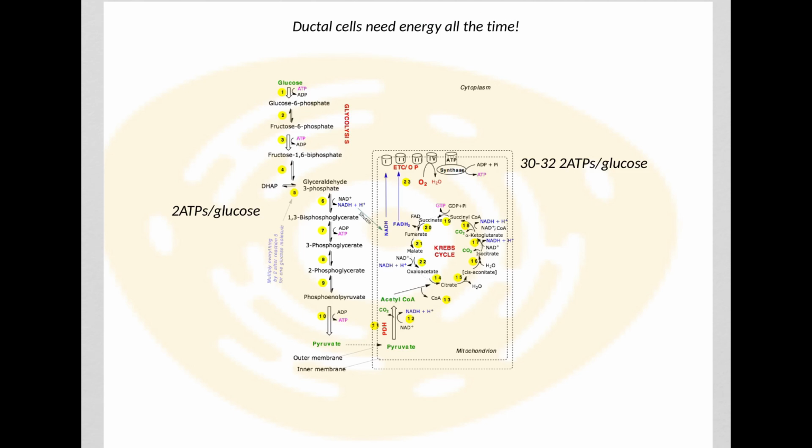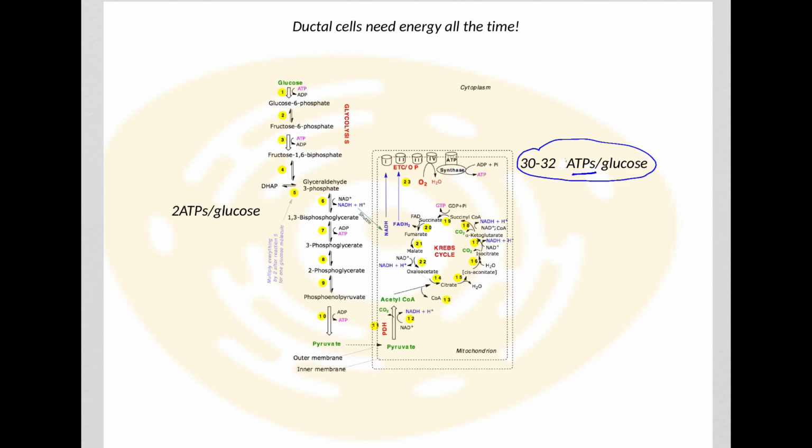The most important source of fuel for energy production for most cells is glucose. The best way to get maximum amount of energy, and energy is in the form of this chemical called ATP.